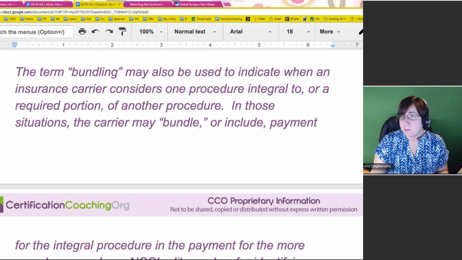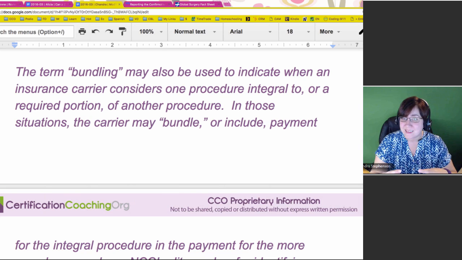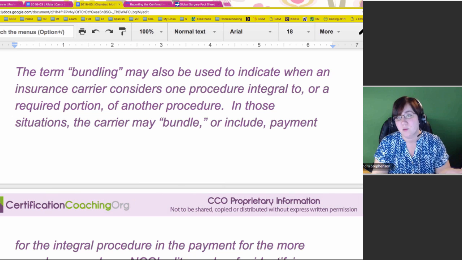Depending on which part you remove, there may be a specific code to say, oh, I did just the sigmoid colon, or I did just the transverse colon. But if you do multiple pieces, there's a larger code that you can use in place of the one that says, oh, I did this piece and this piece. Okay, that's what we call bundled.